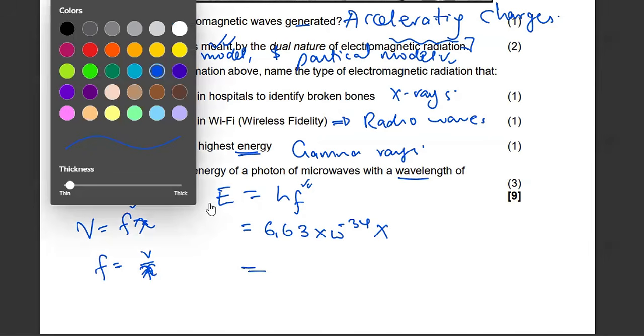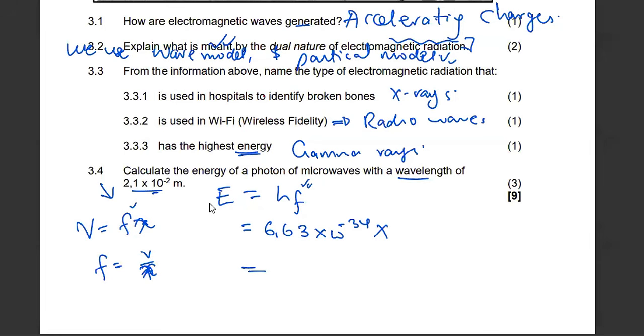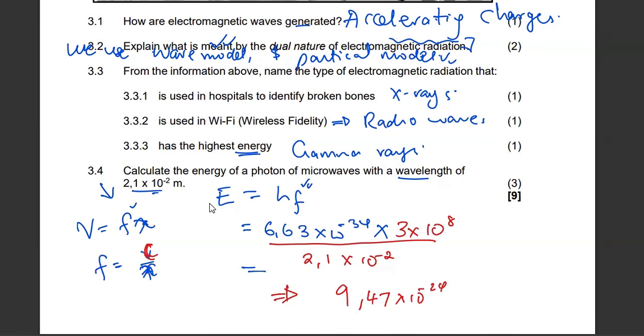So what I'm going to do, I know that the v represents the speed of light, which is 3 times 10 to the 8. Now I'm dividing it by my wavelength, which is 2,1 times 10 to the negative 2. When I punch this into the calculator, I'm ending up with 9,47 times 10 to the negative 24 joules.